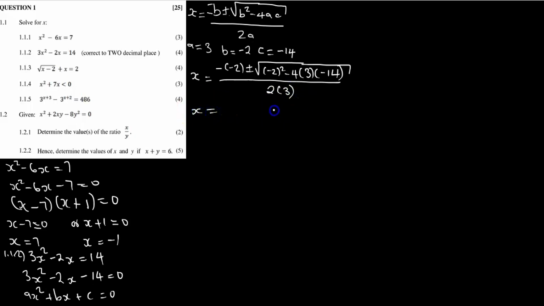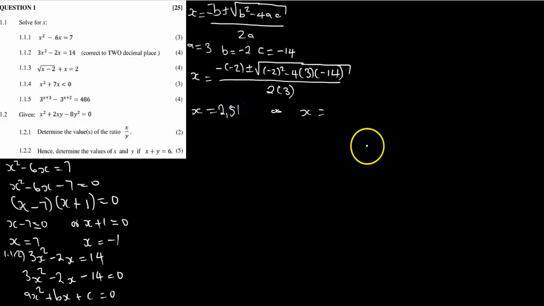And your x is equal to... So obviously when you punch that on your calculator, you are going to get negative into negative 2 plus the root of negative 2 squared minus 4 into 3 into negative 14, and then all that is over 2 into 3, and then it gives you the positive one. It's 2,51.